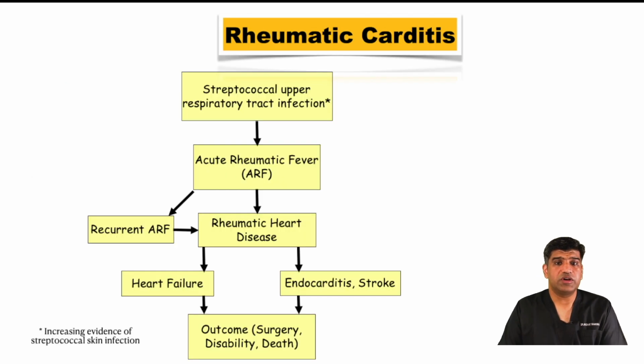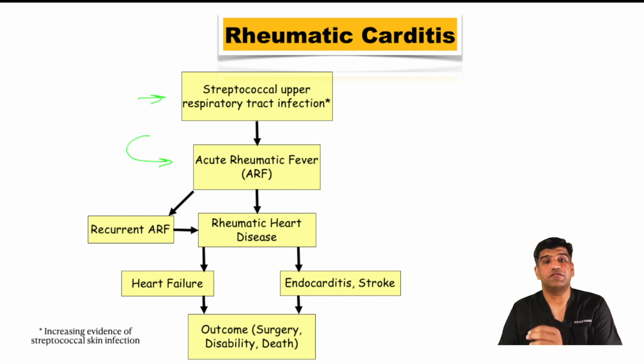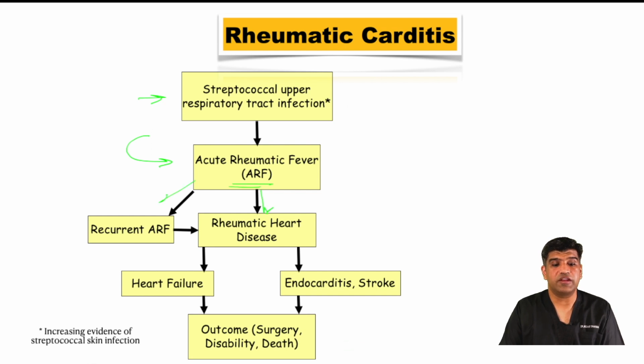So let's see the natural course of acute rheumatic fever. There is a streptococcal upper respiratory tract infection causing acute rheumatic fever after a latent period of 1 to 5 weeks. This may directly lead to rheumatic heart disease, or the initial episode may subside and a recurrent acute rheumatic fever episode may come up later, which finally causes rheumatic heart disease.